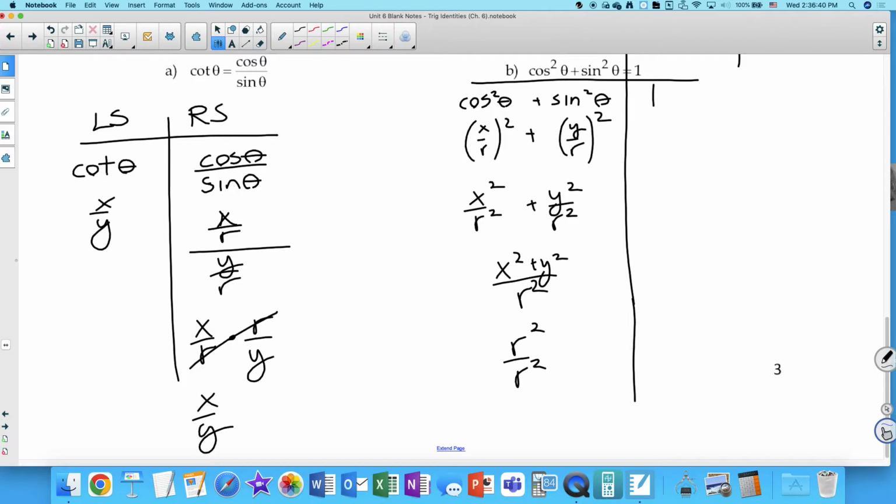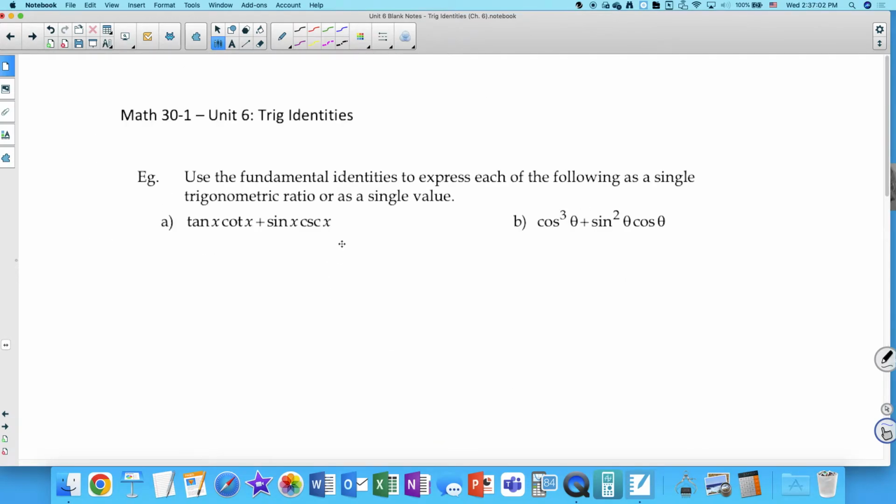And r squared over r squared is 1, which is what the right side is equal to. Okay. How are we doing? So far, so good? Okay.